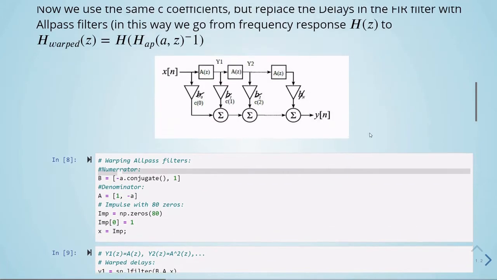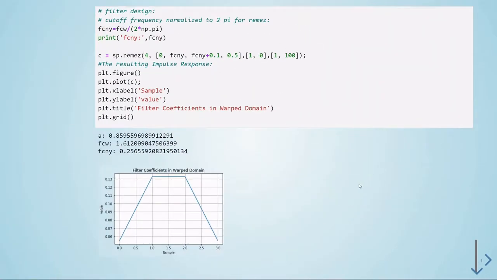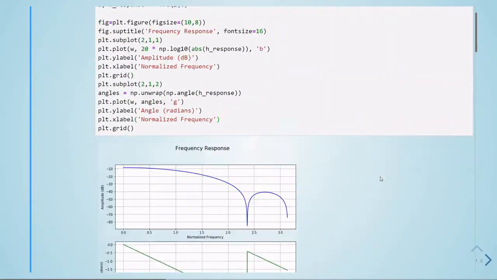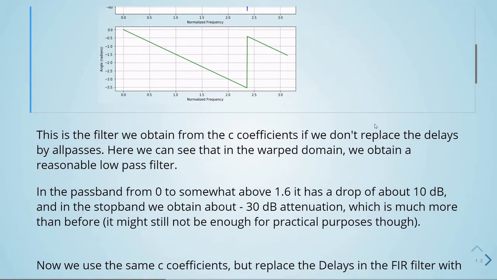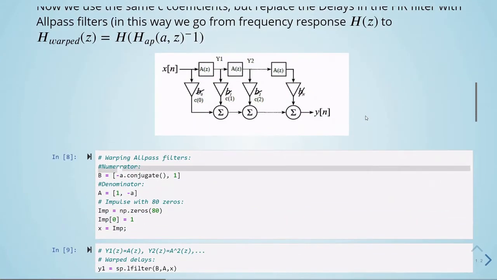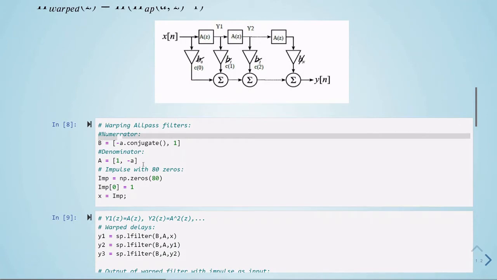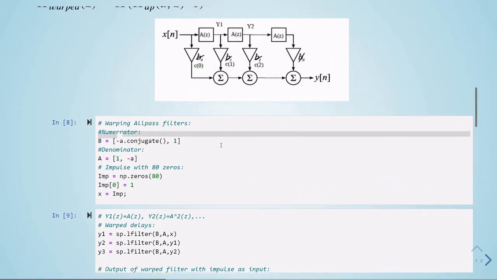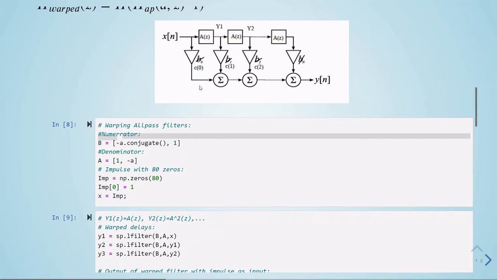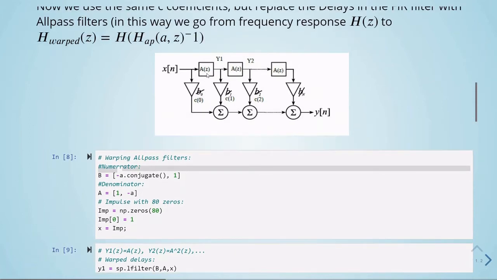So this is the procedure we had before, these coefficients C from here, filter coefficients in the warp domain, but now we are replacing the FIR delays by all-passes. So we're defining here the warping all-pass filters, and then we are doing this X times C0 plus Y1 times C1 plus Y2 times C2, and here are our all-pass filters.